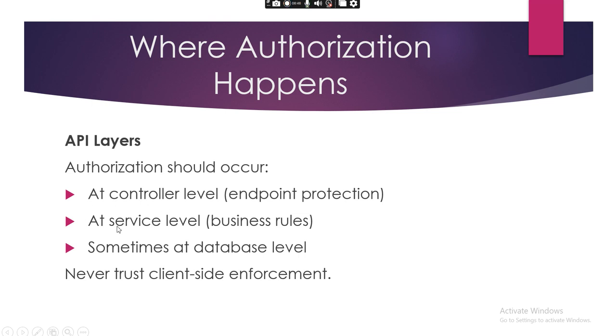So it also happens at the service level. Yes, this is method level protection, where you have the same implementation as the controllers, and sometimes at the database levels. Again, same ideas where you do read and write policies, and you protect the action based on the authorized policies that the user has.